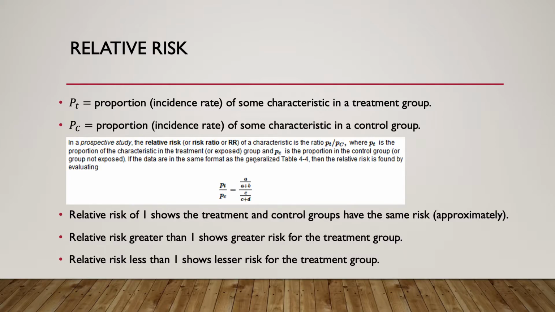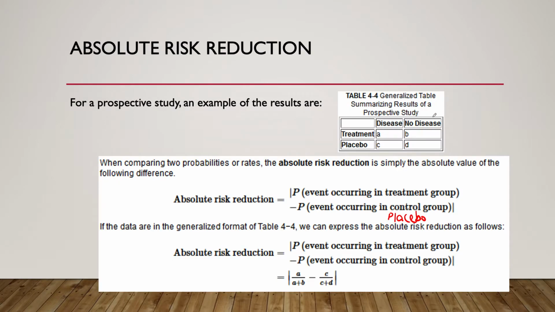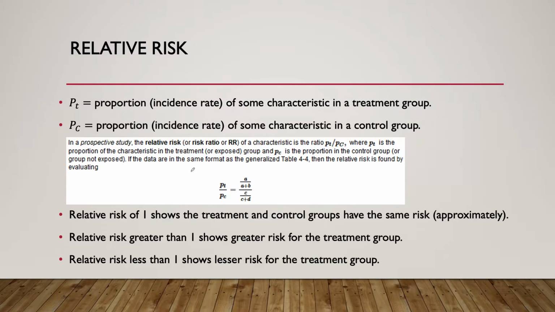And for the prospective study, the relative risk, or risk ratio, denoted as RR, of a characteristic is the ratio p sub t divided by p sub c. Or, using the formulas that we saw in this table, we can write that as A divided by A plus B, divided by C divided by C plus D.